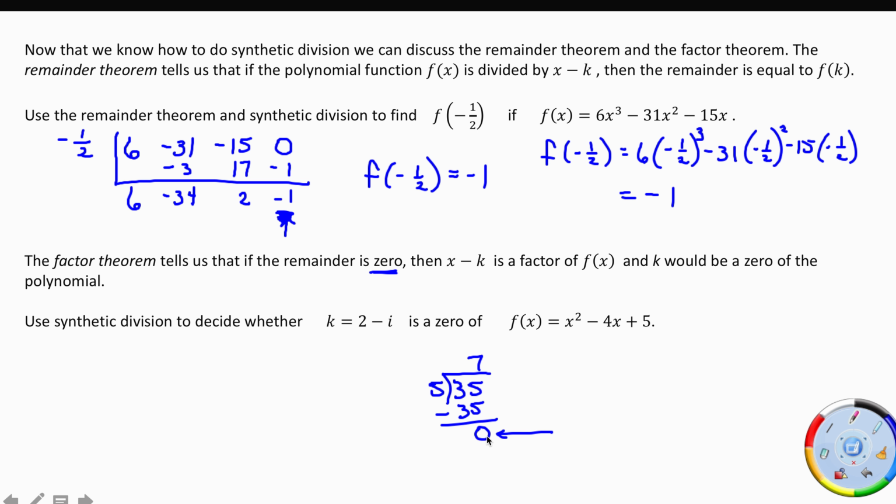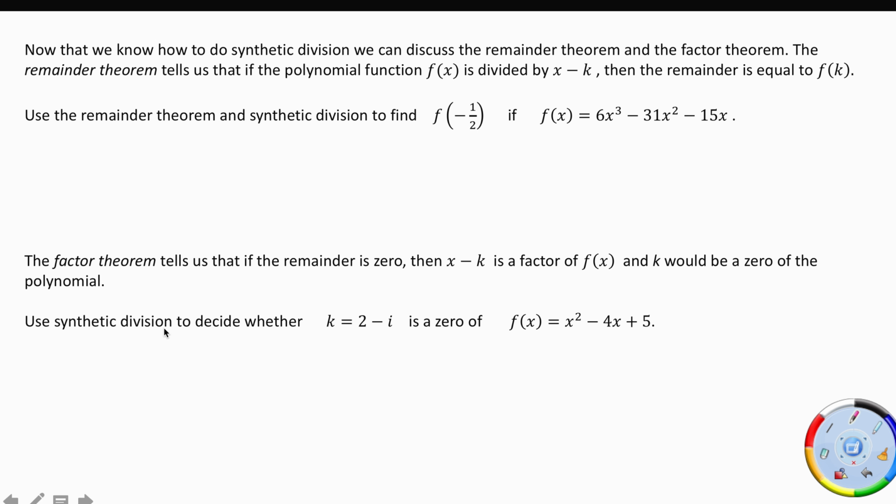What that means, if the remainder is 0, is that 7 and 5 are factors of 35. So same thing here. If our remainder is 0, we just found two factors. Here would be a factor, and then our x minus k would be a factor.